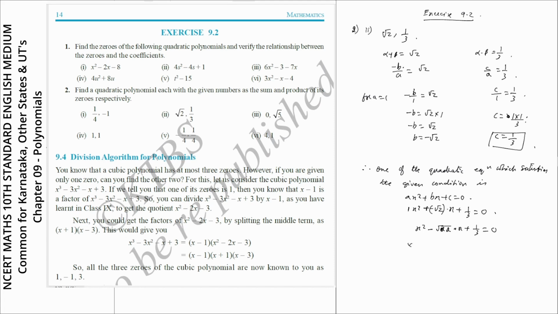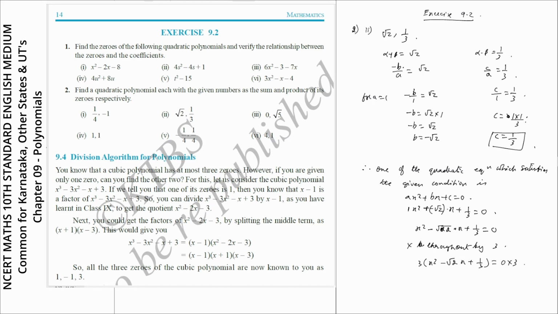Now multiply throughout by 3. If I multiply 3 into x square minus root 2 x plus 1 by 3 is equal to 0 into 3.